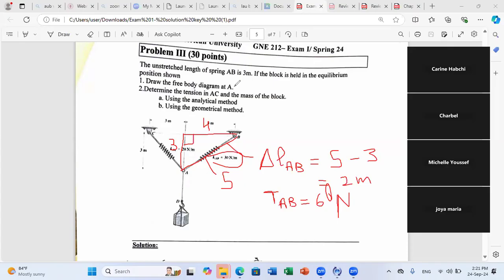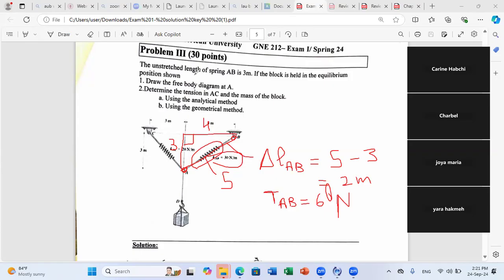Doctor, how did we know that it should be L of AB? Okay. What is the definition? Look, this distance between A and B will vary because of what? Because of the spring. And the variation in AB is due to the variation in length of the spring.